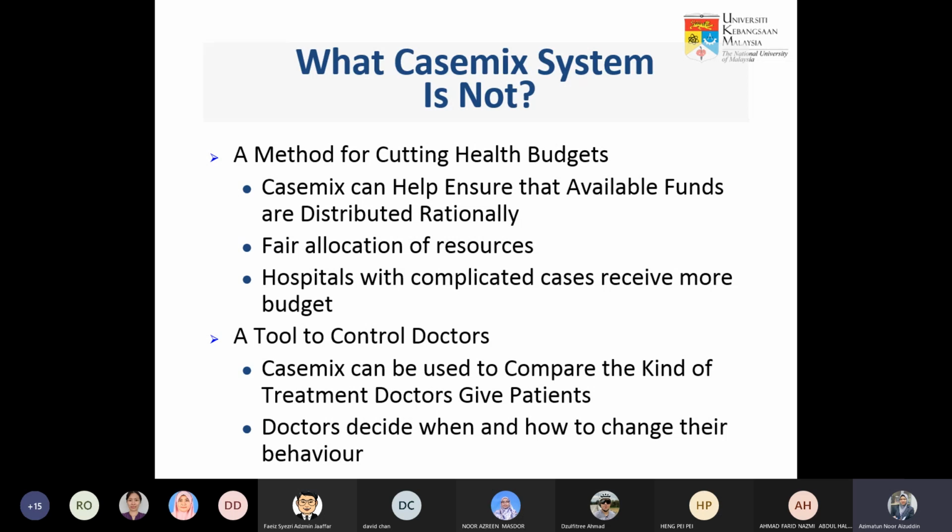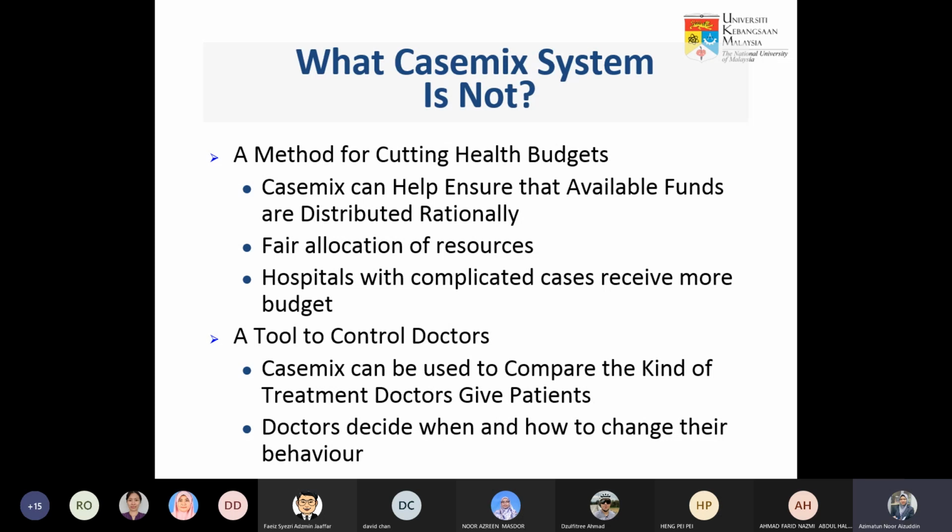overall when you know about Casemix system, what actually have some sort like people have misunderstood about Casemix. So that's why we come up with what Casemix system is not. Sebab bila kita nampak macam restrict, Casemix ni restrict certain thing. So Casemix is actually not a method for cutting health budgets.